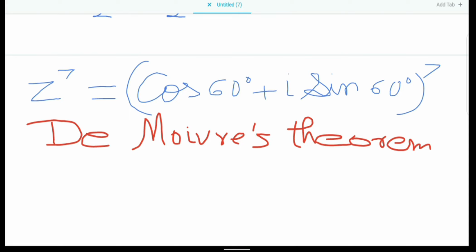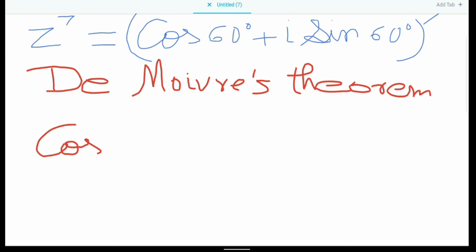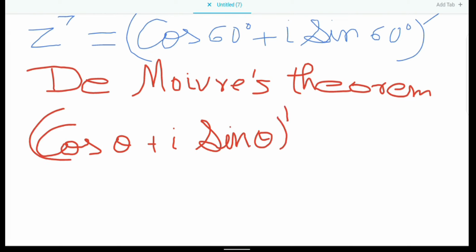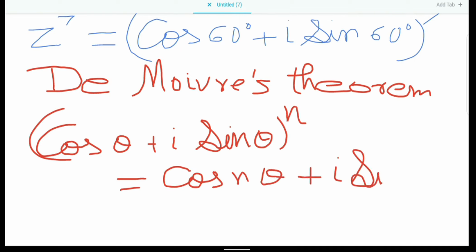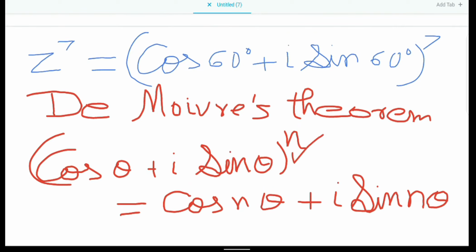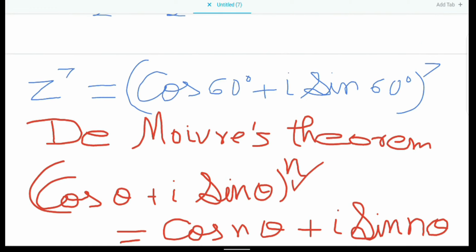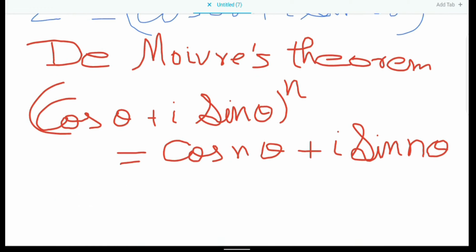It says (cos theta + i sin theta) to the power n equals cos n theta + i sin n theta. What n should we choose? We are given the power 7, so we should choose n equal to 7.